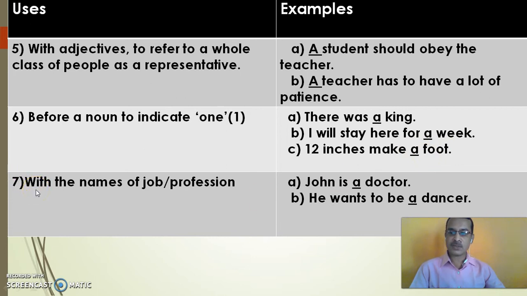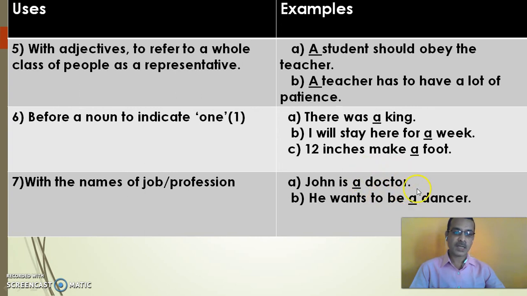The next use of article a is with the names of jobs or professions. This is a very common use of the article and it should be remembered by you all the time while speaking or writing in the English language. We can see in the example here, John is a doctor. In this example, doctor is a profession.